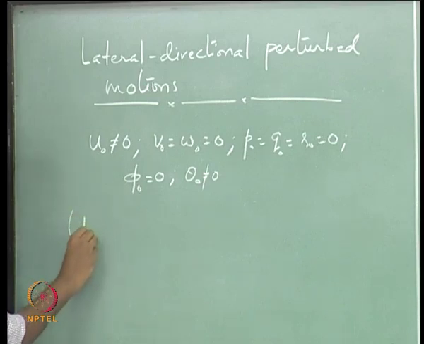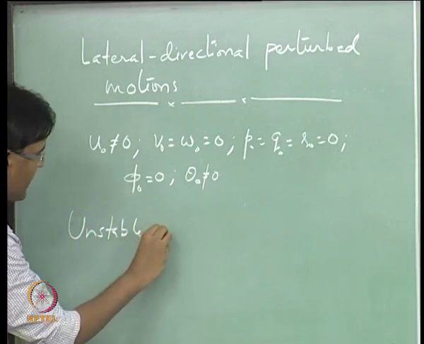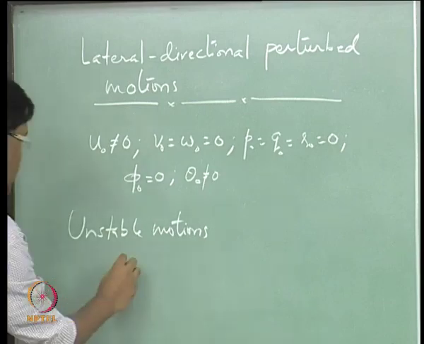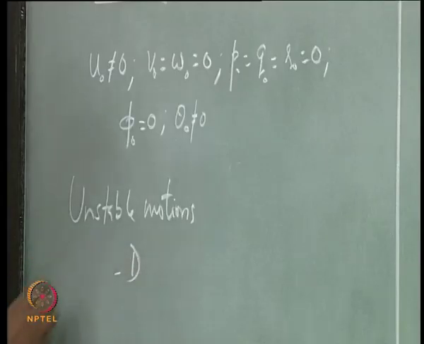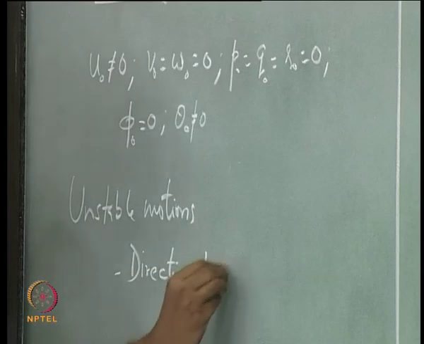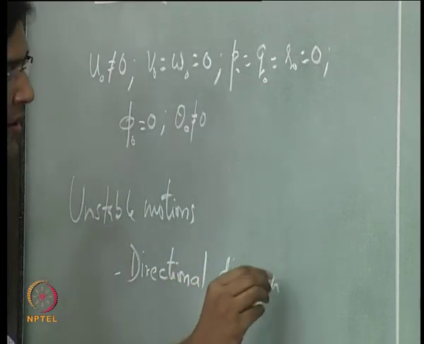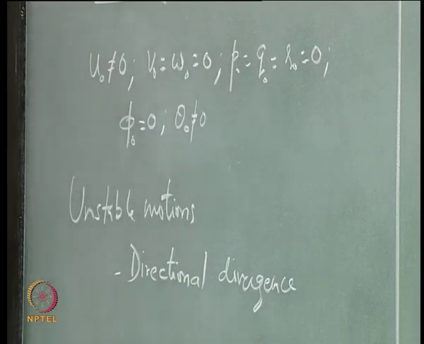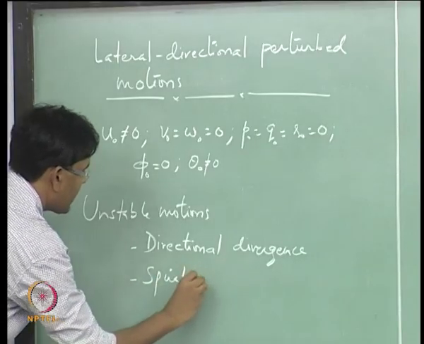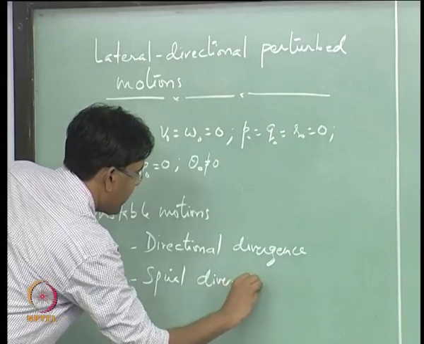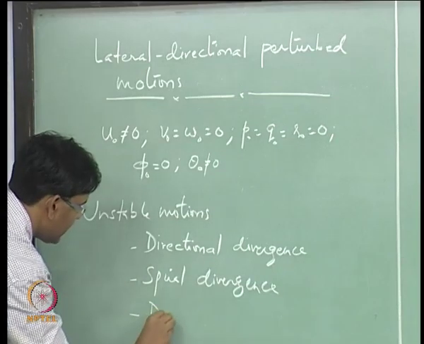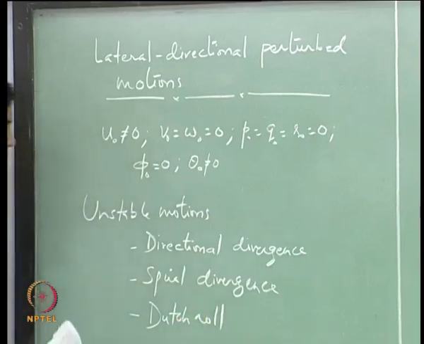talked about the unstable motions that are possible, and they were directional divergent motion, spiral divergence, and Dutch roll, right.